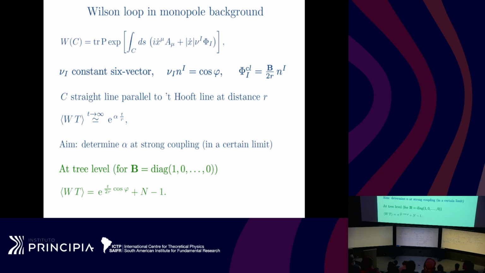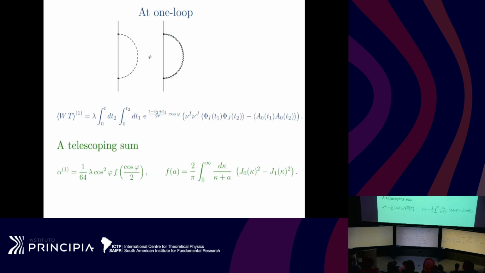But we want to move on to higher loop orders, and it's not that I want to drag you through the one loop computation or higher loop computations, but we need to look at it to have the idea. So we start by computing the one loop correction, and there are contributions from two different diagrams, one coming from the scalar and one coming from the gauge field.